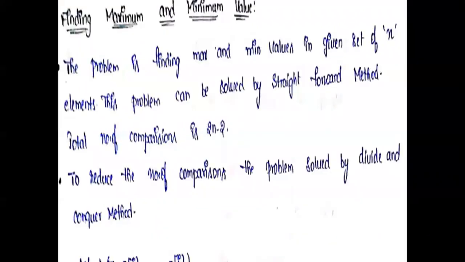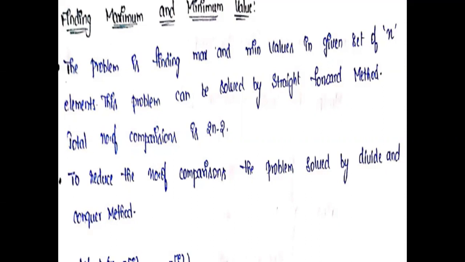Normally, to find the maximum and minimum value for a given set of n numbers, the problem can be directly solved by the straightforward method. Suppose there are n elements. To find the maximum value, the first element is compared with the second, the maximum is compared with the third, then with the fourth, and so on. So the total number of comparisons is n minus 1.